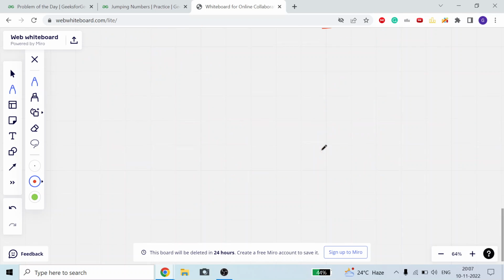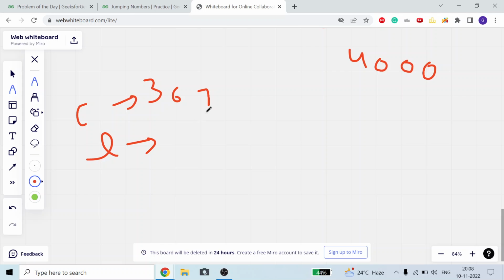Suppose for a minute we have a number like 367, and x is 4000. This is my current number, and the last digit that matters for me is 7.